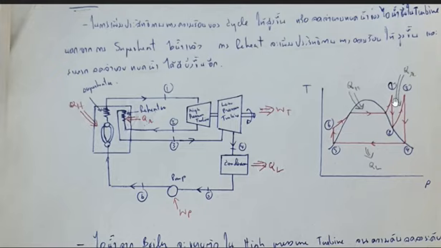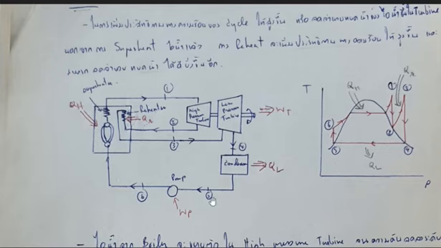If you look at the graph of temperature versus entropy, you can see that the pressure line will go like this. It will be somewhat horizontal in this dome here, but outside would be like this.